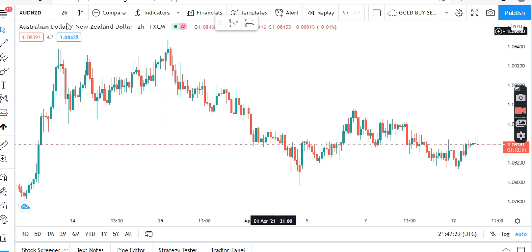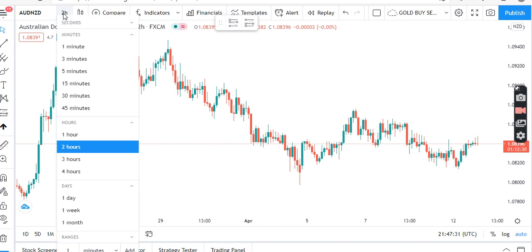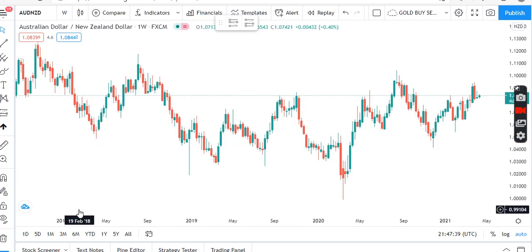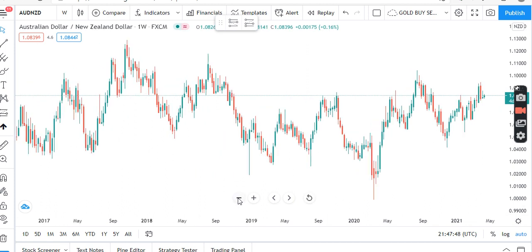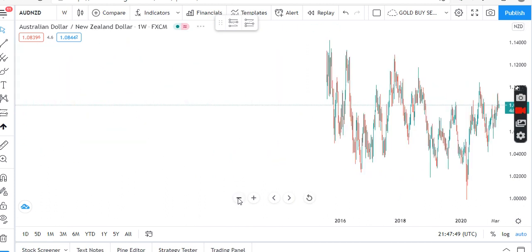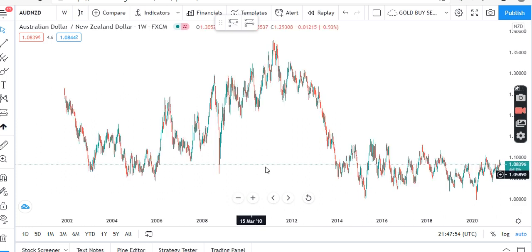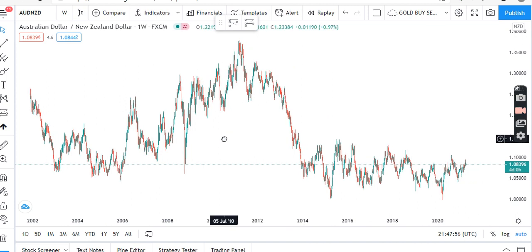I'm going to go on to a weekly time frame just to have a better overview of the market. I'm going to zoom out the chart so that I can have a clear view of what is happening in the market.